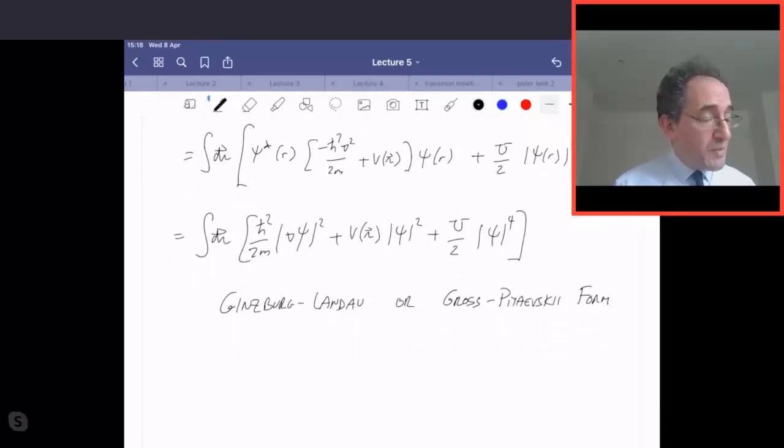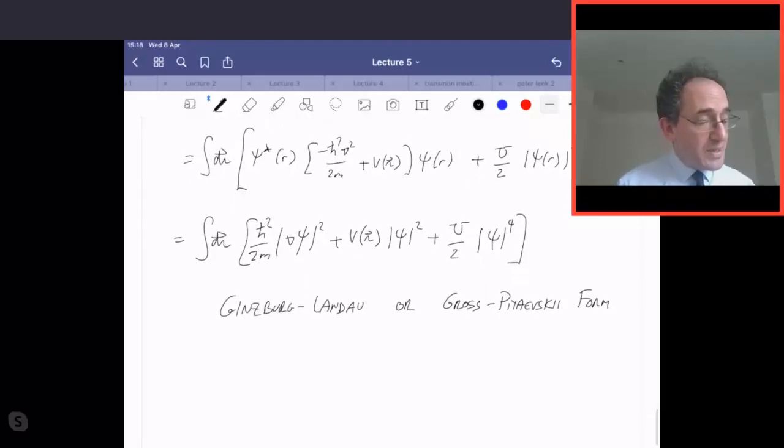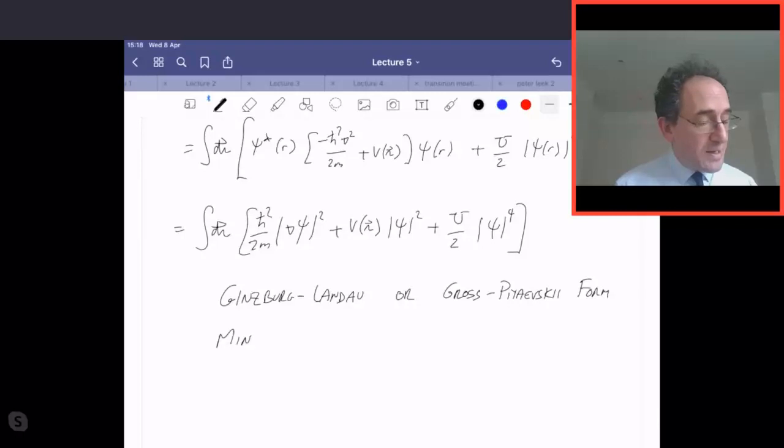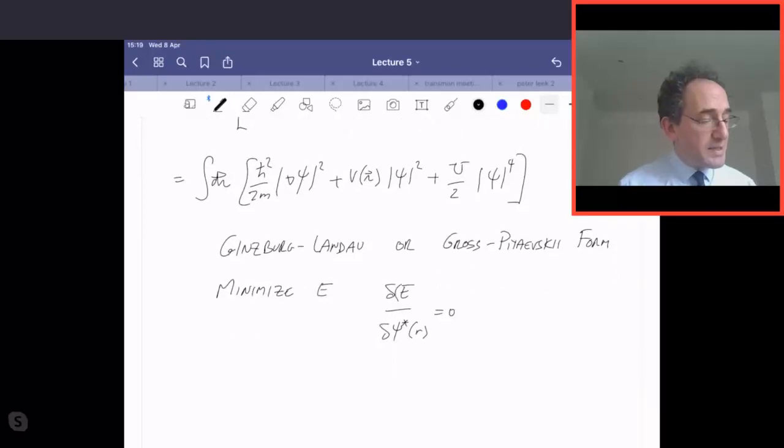What we do with this form is we minimize the energy. So we minimize or extremize the energy by taking dE/dψ*(r) = 0, a functional differentiation. I guess that's the expectation of E up there.